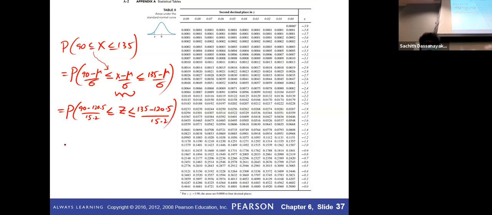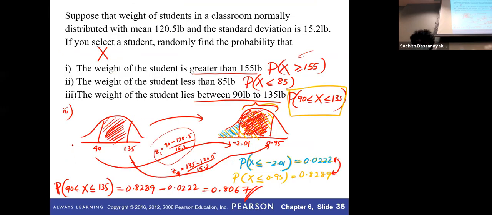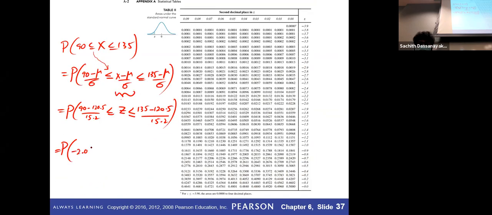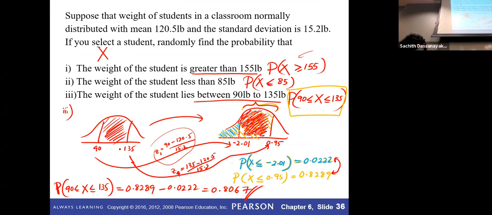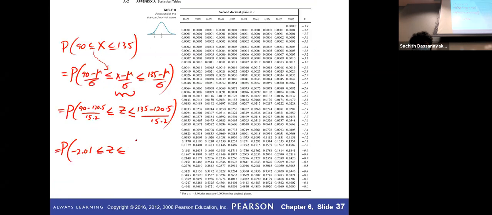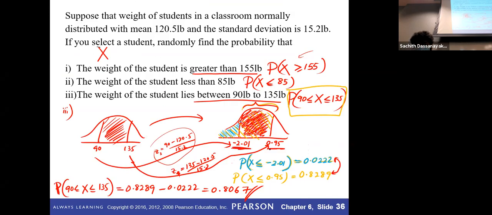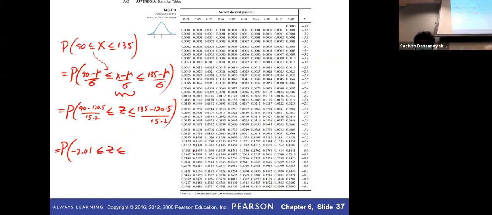Once you simplify this, for the first one you will get negative 2.01 less than or equal C less than or equal 0.95. I'm talking about these two values. 0.95, right? Yes, 0.95.